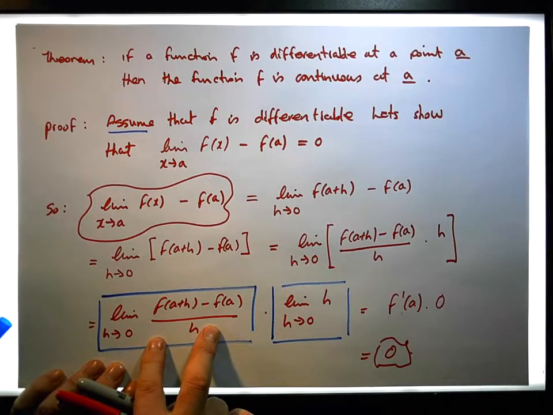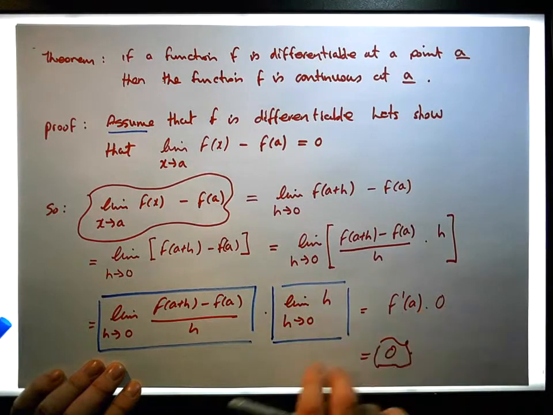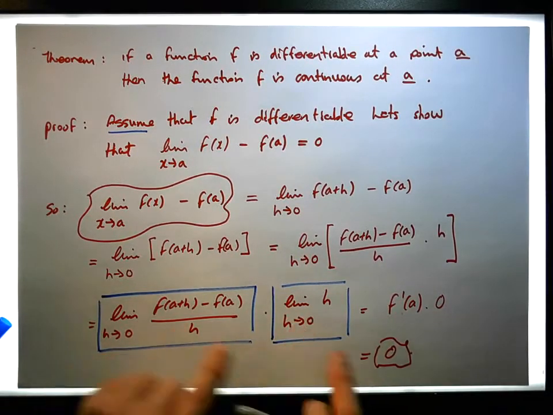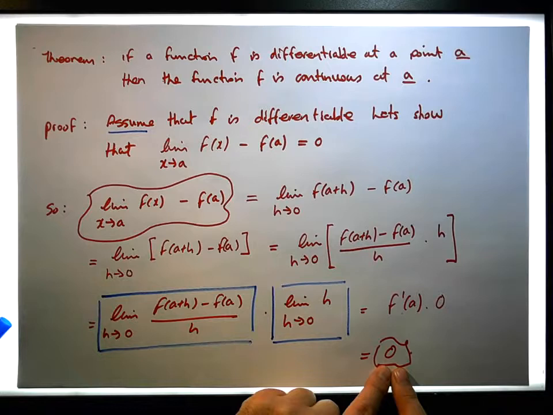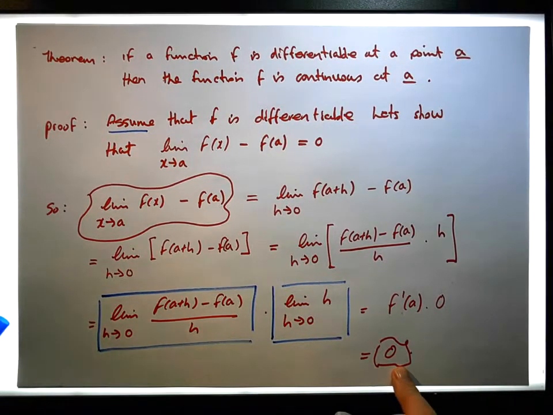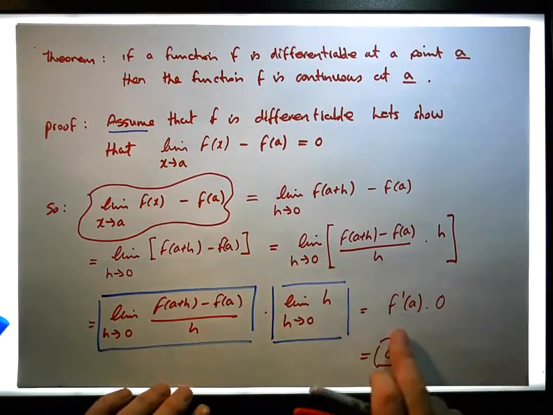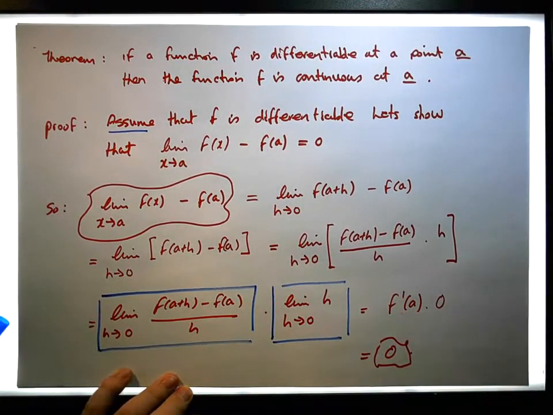But the fact that the limit of h as h tends to 0 is 0 results in this product being equal to 0. The important thing is that this limit exists, as we've assumed. So we end up with something that exists, times 0, which is equal to 0.